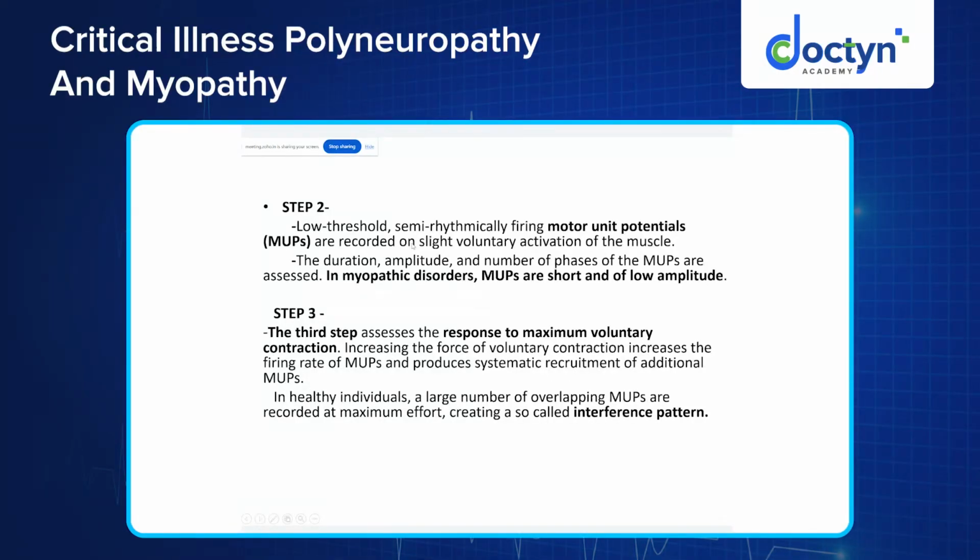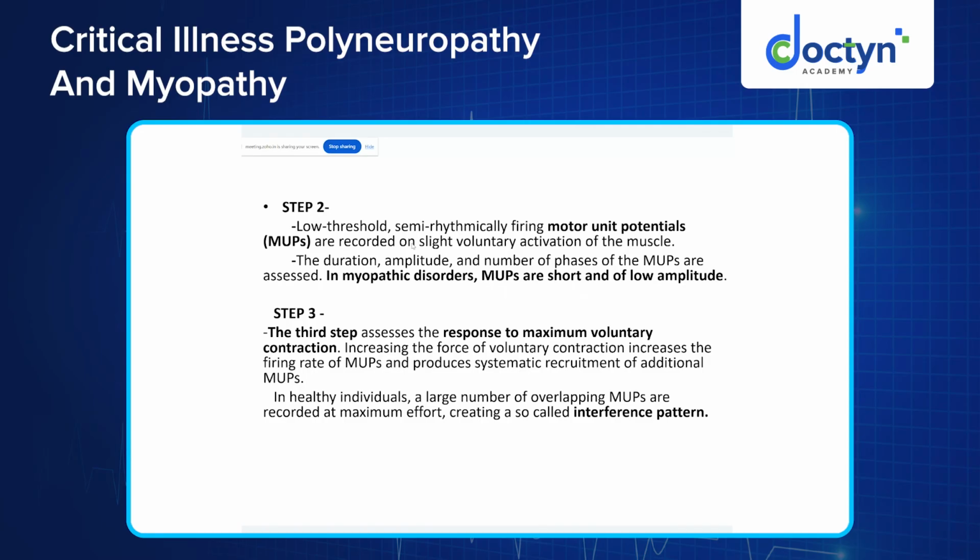Step 2: you record low threshold firing motor unit potentials, even with slight movement or voluntary activation of the muscle. The duration, amplitude, and number of phases are assessed. If it is a case of myopathy, these motor unit potentials, the MUPs, are short and of low amplitude.